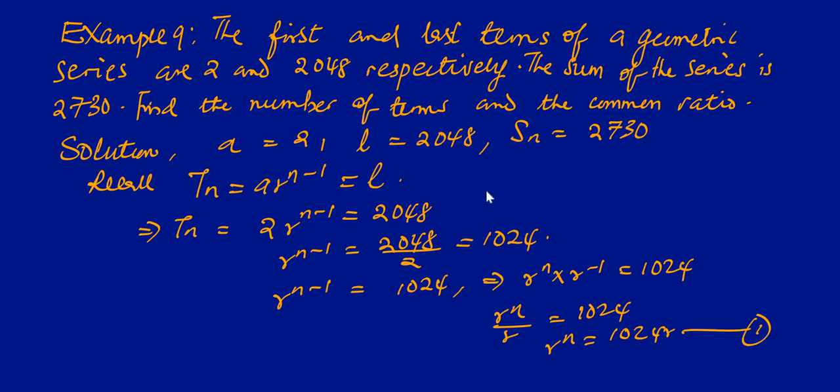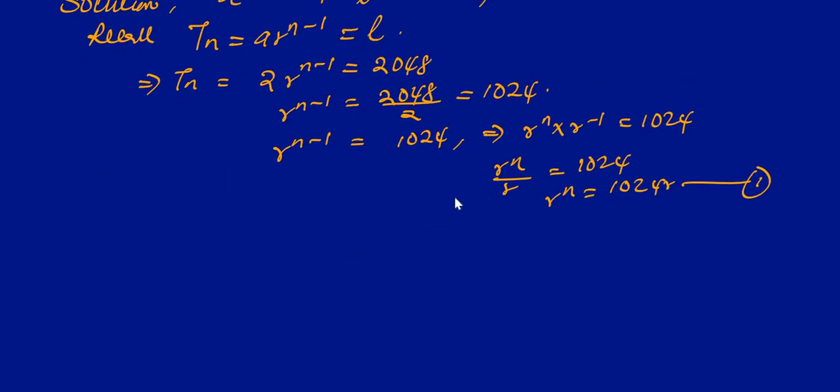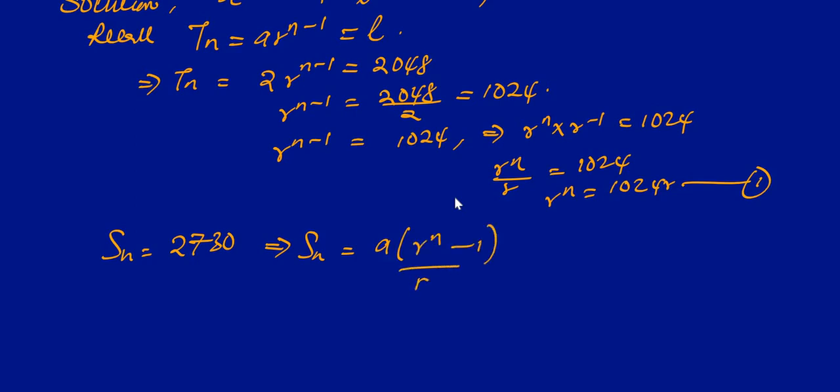If you go to the second part of the question, that Sn is 2730, you're going to have that Sn is equal to 2730. This implies that Sn is equal to a(r^n - 1) all over r - 1. This is equal to 2730.